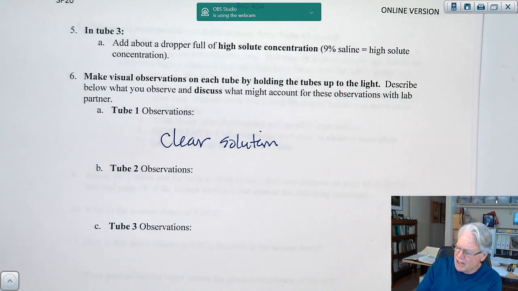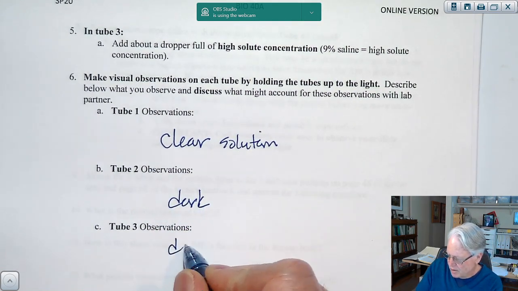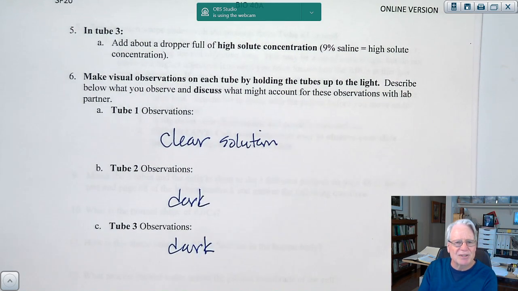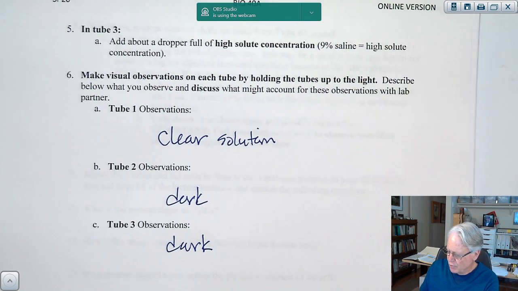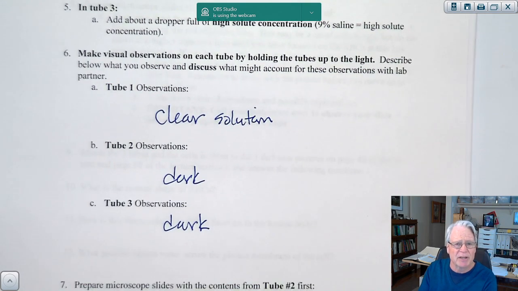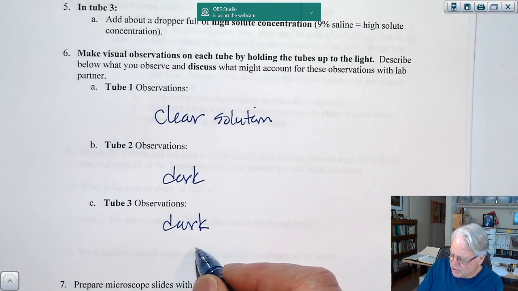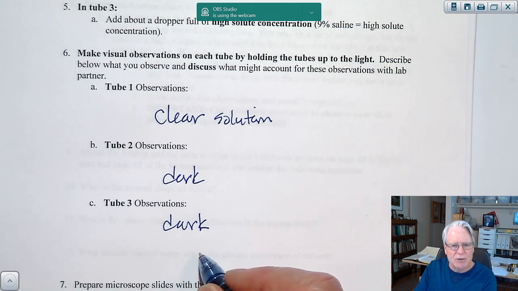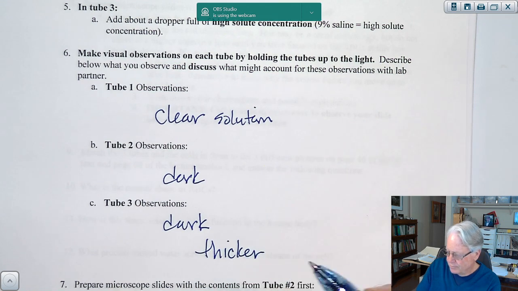The next 2 test tubes would be dark or opaque with some slight difference between them, which I'll explain when we go through the experiment later and talk about the results. In test tube number 3, it would be slightly more viscous, so it would be thicker if we looked at it.